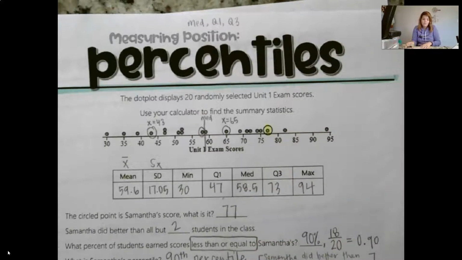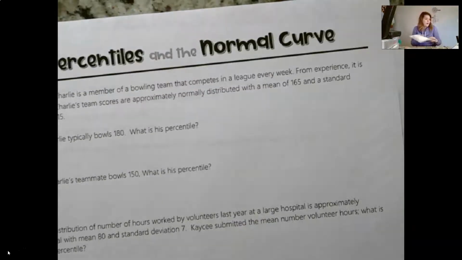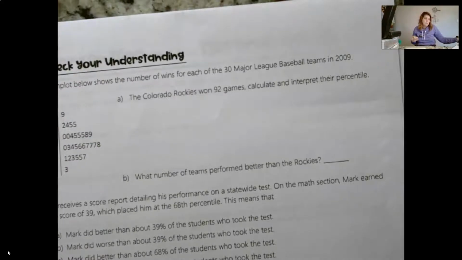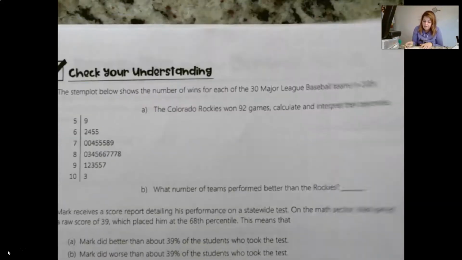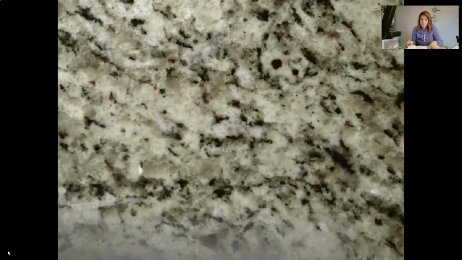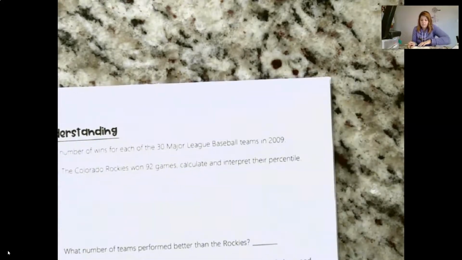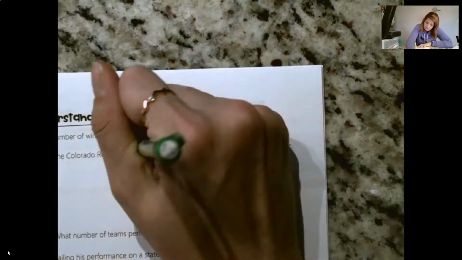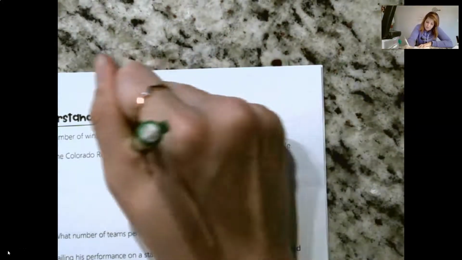Okay, so now we have a practice problem, two practice problems. The stem plot shows the number of wins for each of the 30 Major League Baseball teams in 2009. The Colorado Rockies won 92 games. Calculate their percentile.